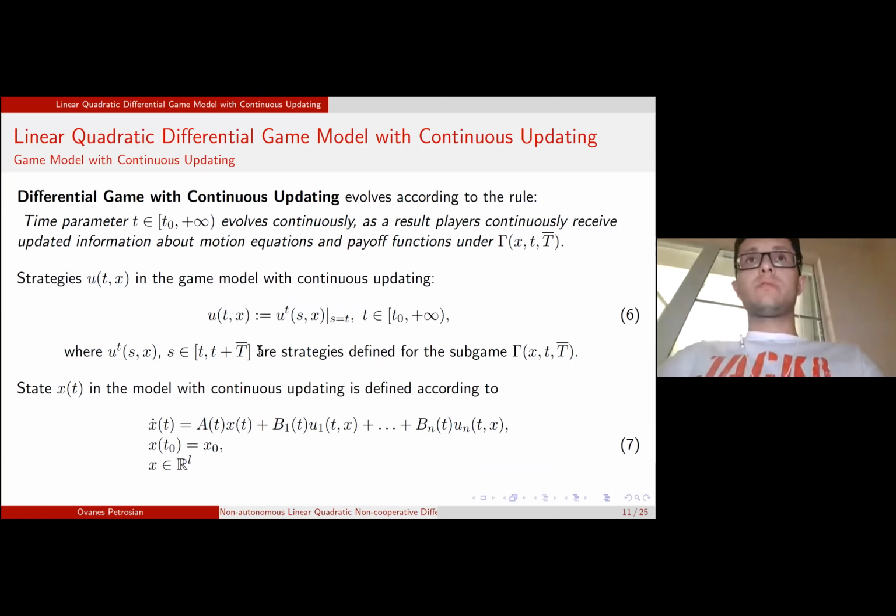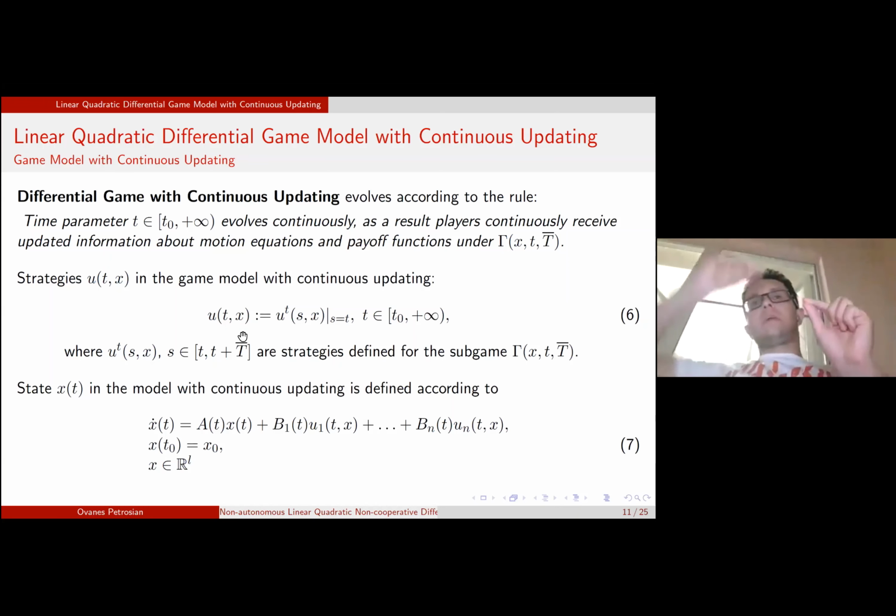Of course, for the general case we cannot assume any good properties of the existence of u(t, x) in formula 6. For some special cases, we can say that it can be continuous, it can be unique, and we can show the existence. But for the general case, even if we can assume the existence of u_t(s, x) for every current time t, we cannot assume any good properties for the resulting function u(t, x), because it can have infinite jumps, and this is not what we are actually interested in.